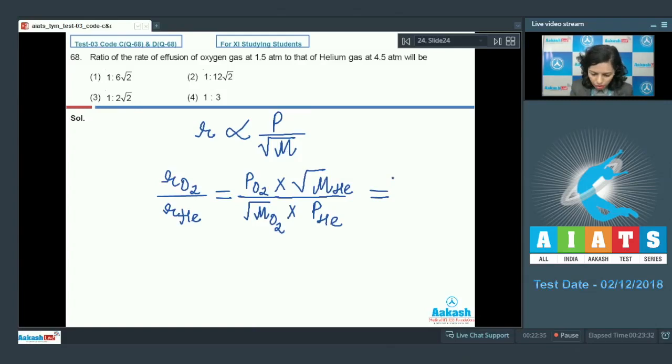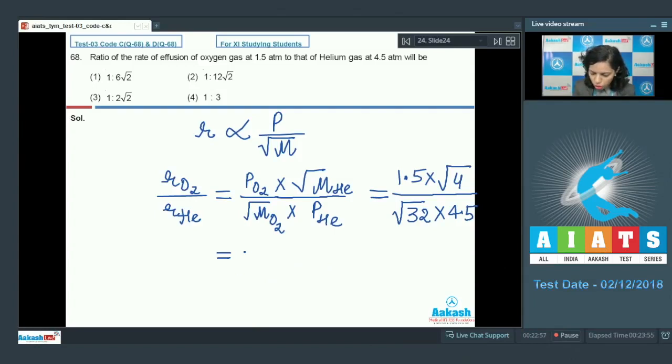So in this case, the pressure of O2 is given in the question, 1.5. Molar mass of helium we already know, that is 4 gram per mole. Molar mass of oxygen is 32. Further, pressure of helium is also given in the question, that's 4.5.